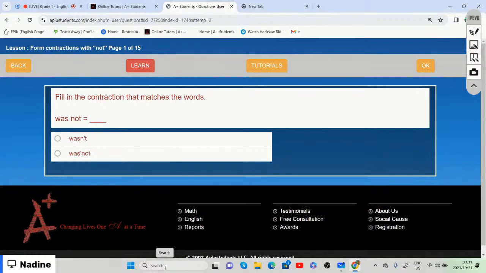So was not. So what is the contraction? Is it wasn't or was not? Option 1 or option 2?